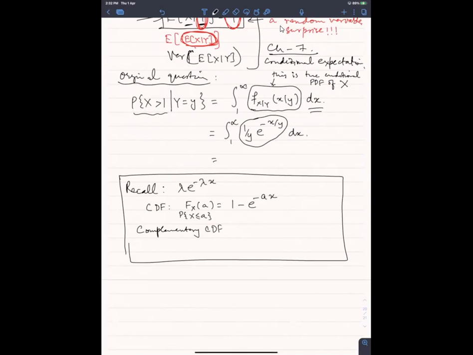Complementary CDF is the probability x is greater than a, which is equal to 1 minus CDF. That is why it is called complementary. And this would be equal to e to the minus lambda a. Knowing this, I would like somebody to write the answer for the expression in the box immediately. Answers in the chat window.